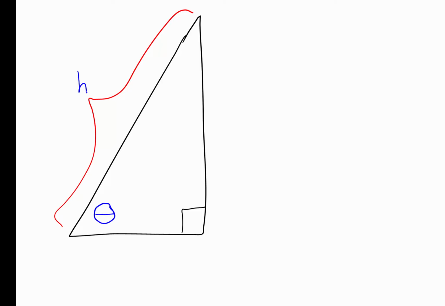The length of the side that is opposite theta, we'll call that O. And the length of the side that is right next to theta, that is adjacent to theta, we'll call that A.